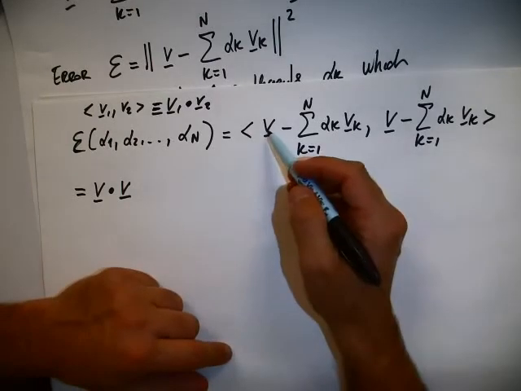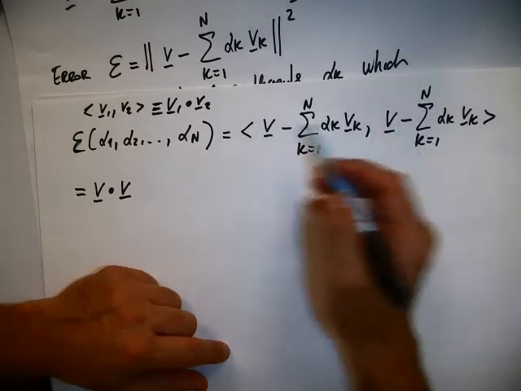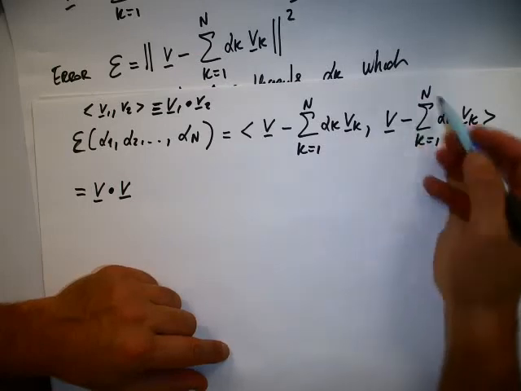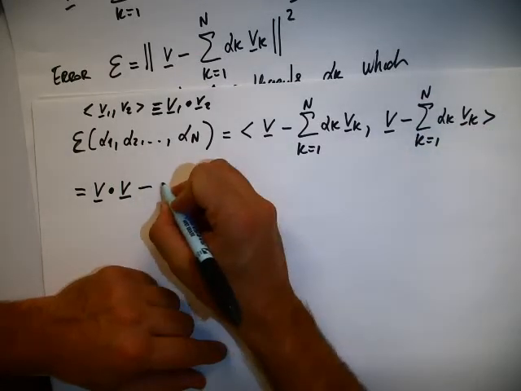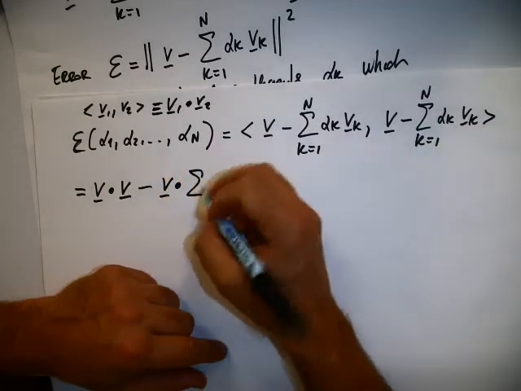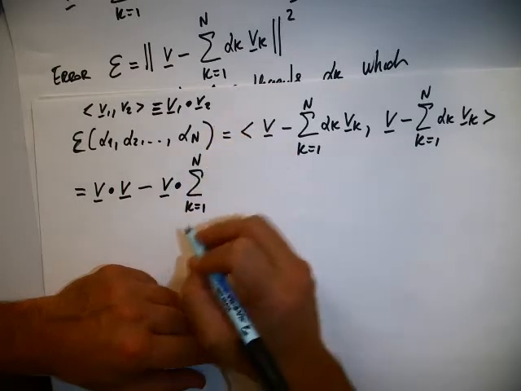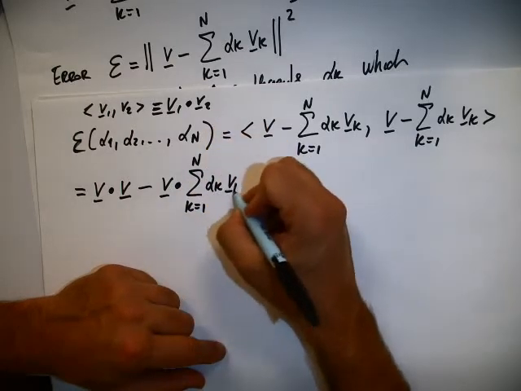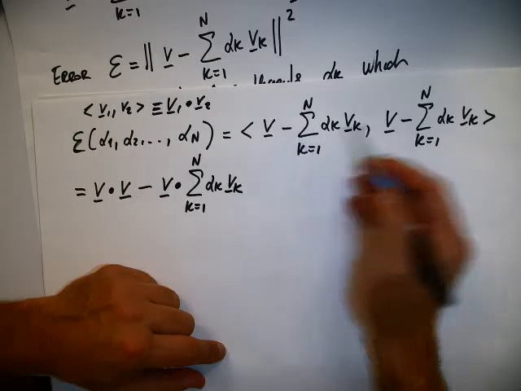So we have v dotted v, and then I have to do v dotted with minus this vector, so minus v dotted with the sum k from 1 to n of alpha k v sub k, and then I have to do this dotted with that.